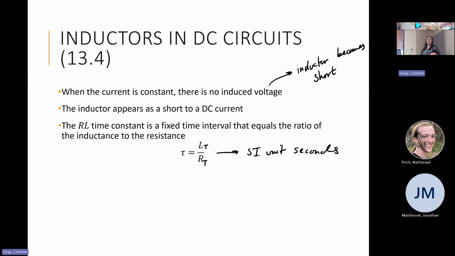So if we plug in the inductance in henries and our resistance in ohms, this will come out in seconds. The equation does look different, but using this time constant makes the equations for the RC and RL circuits look relatively similar to each other.